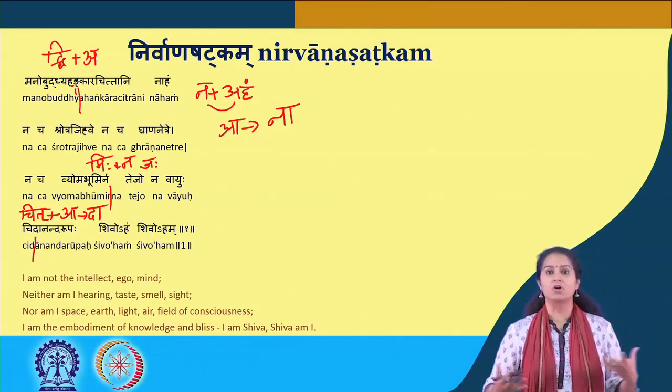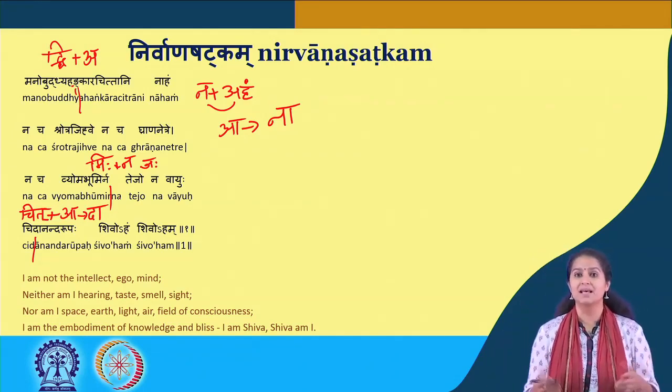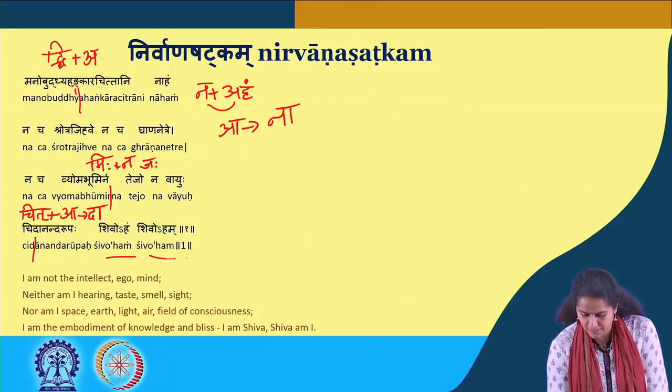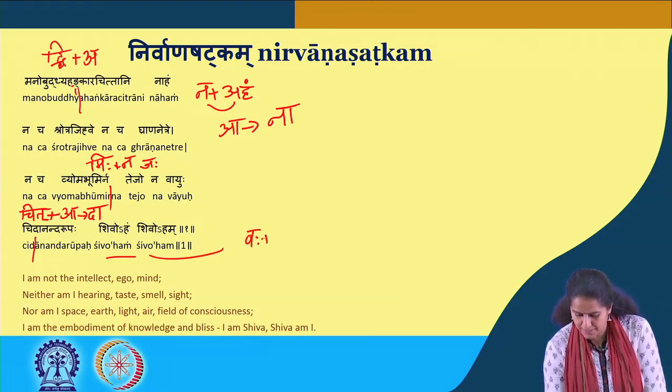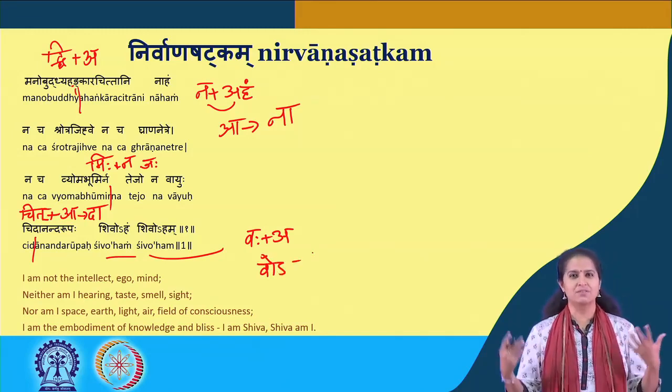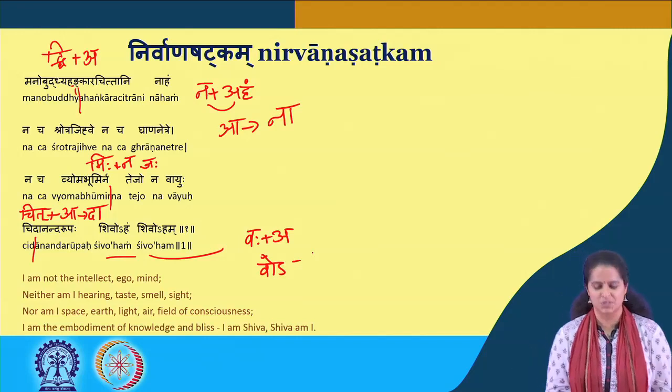I am Chit, I am consciousness, and Anandaha, I am bliss. So I am this form of bliss and consciousness. Shivoham, as we have seen earlier, is Shivaha plus Aham becoming Shivoham. I am Shiva, I am this auspicious being.